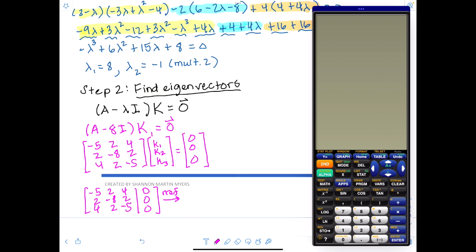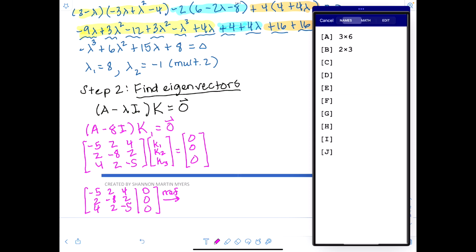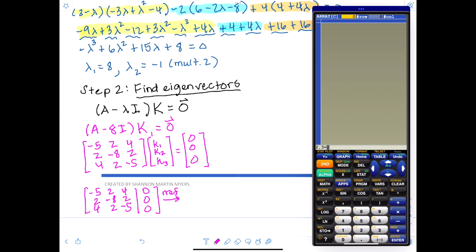So we'll finish off there. Go to matrices, and then I'm going to edit matrix C, and we'll have a 3 by 4, and let's see, -5, 2, 4, 0, 2, -8, 2, 0, and then 4, 2, -5, and 0.